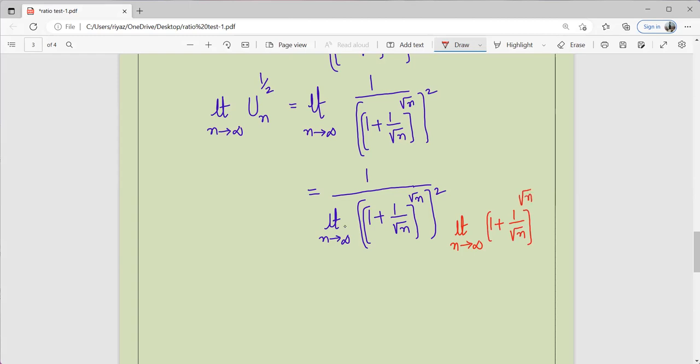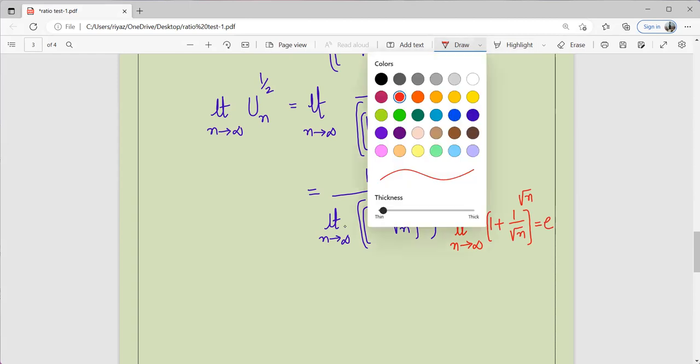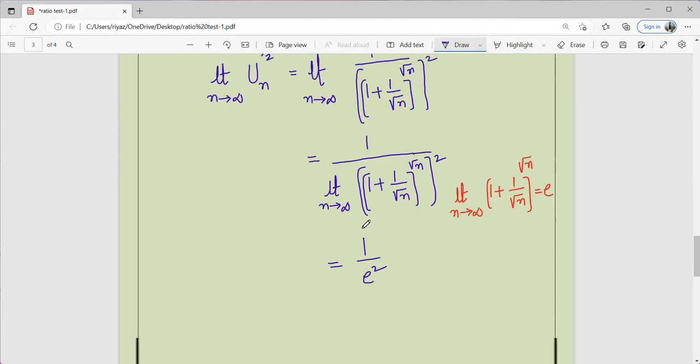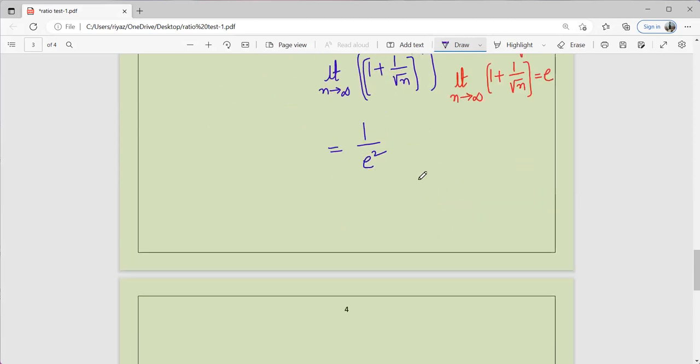Once again this value is equal to e. So the answer is 1 by this overall value, so it becomes 1 by e square. What is the value of 1 by e square?